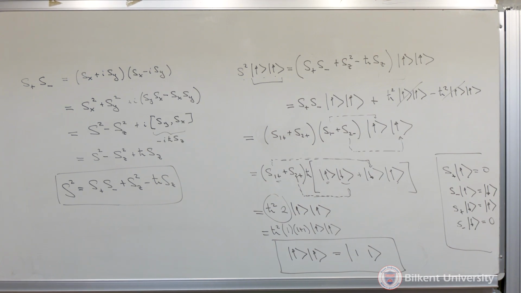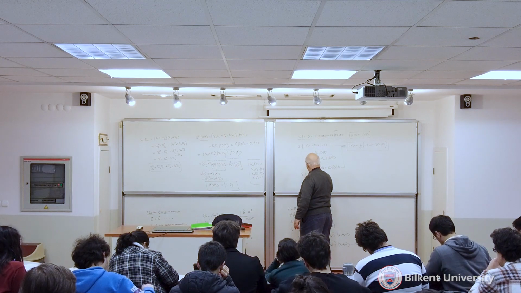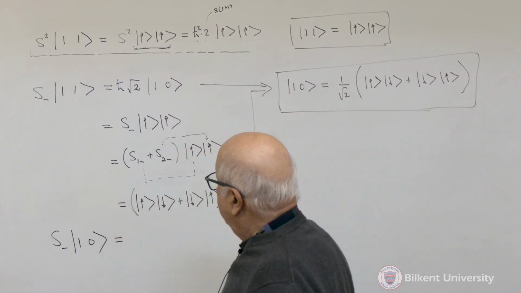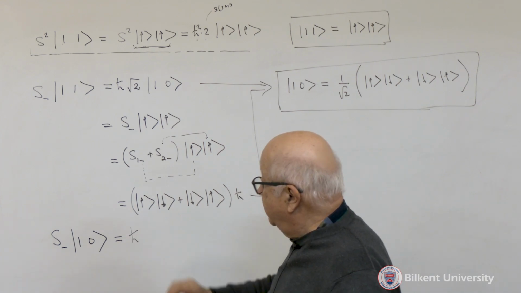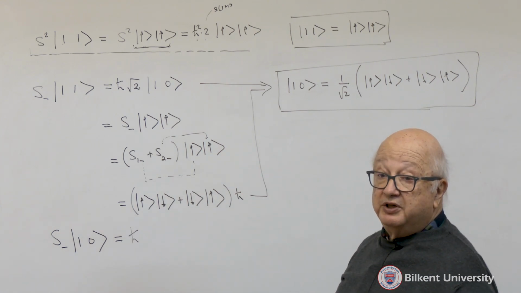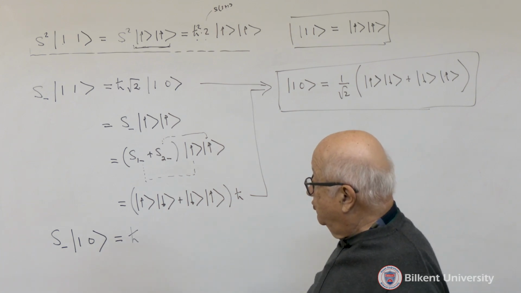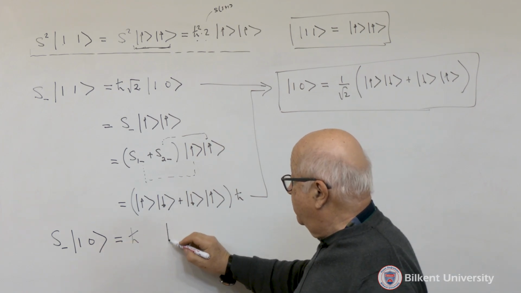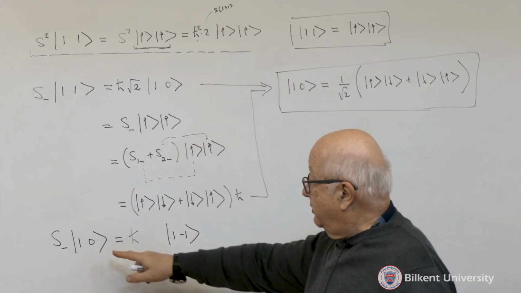Okay, so that's that. Let's also look at S minus on 1, 0. What will that be? Let me not forget the H bar. What will this be proportional to? I'm going to lower MS, so it's going to be proportional to 1, minus 1. What about the factor?